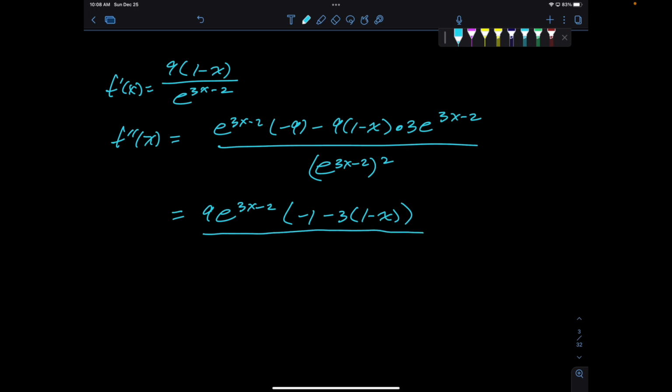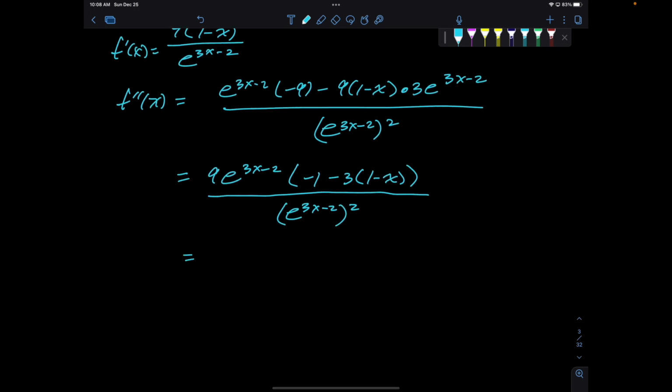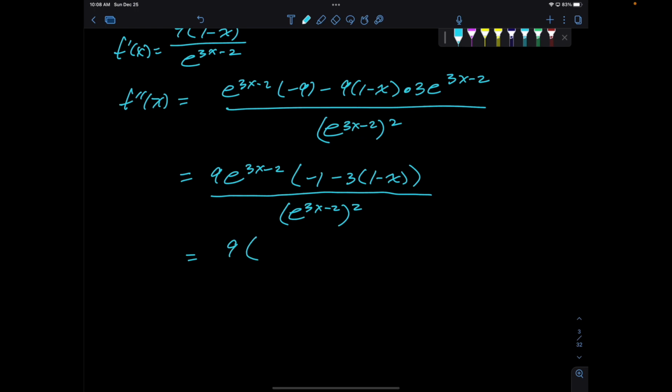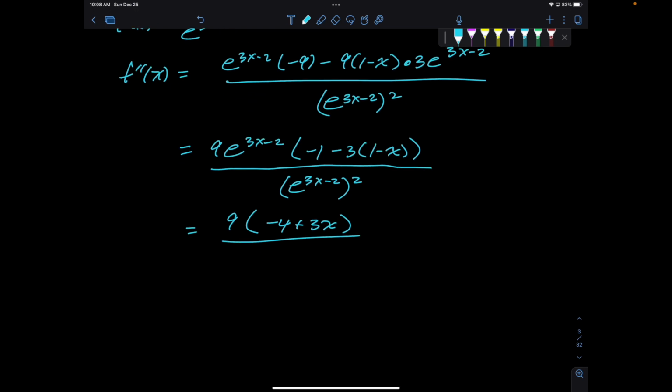And then e to the 3x minus 2 squared, holy cow. 9, e to the 3x minus 2 cancels. This will give me negative 1 minus 3 is negative 4 plus 3x over e to the 3x minus 2.